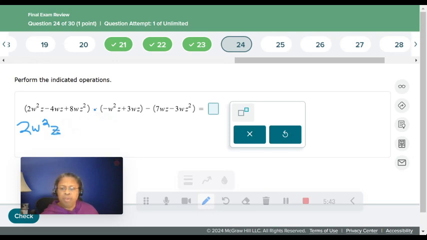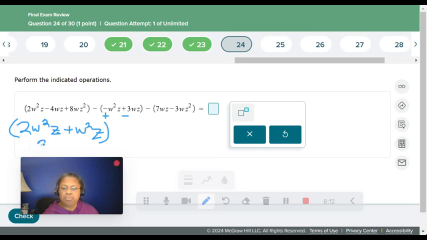And remember, if you have a negative sign outside, it changes all of the signs inside. So this one will become positive. This one will become negative. So we have plus W squared C. I'm focusing too hard. And we don't have another one there. So that's all of this.